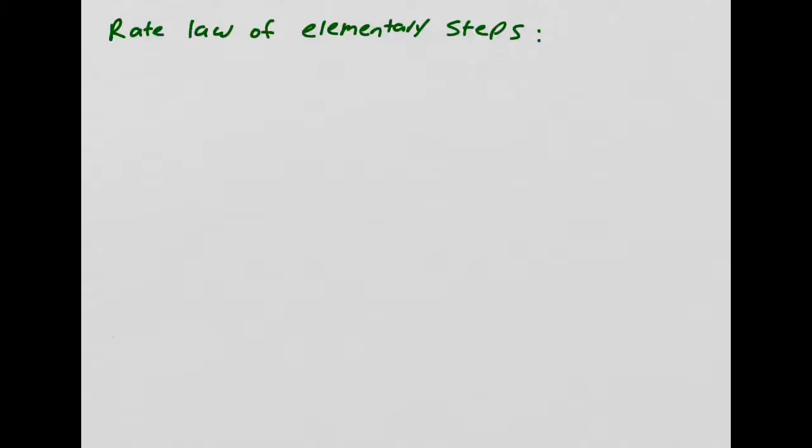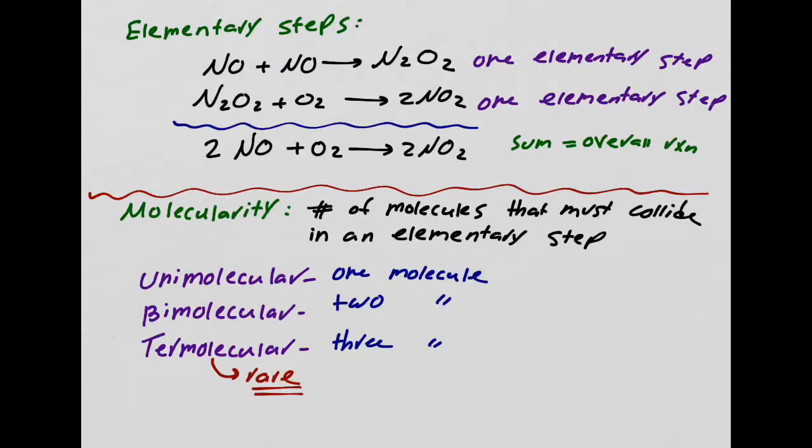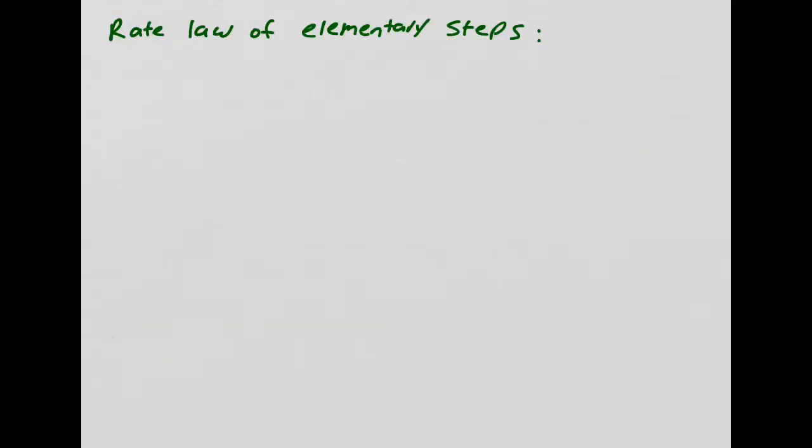And this is key. Since the elementary step, the process is a single step. So here, for example, this is the elementary step. This is a single step. Okay? So since the process is one single step, I'll write this down.